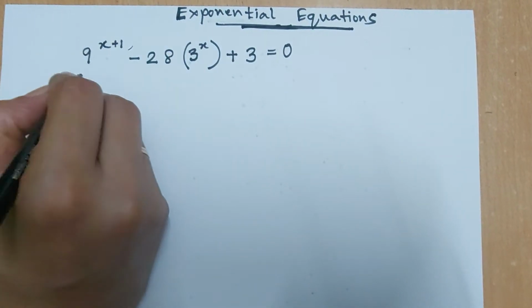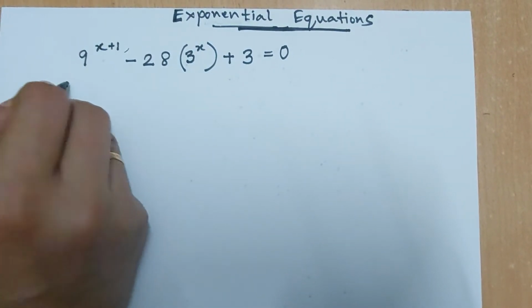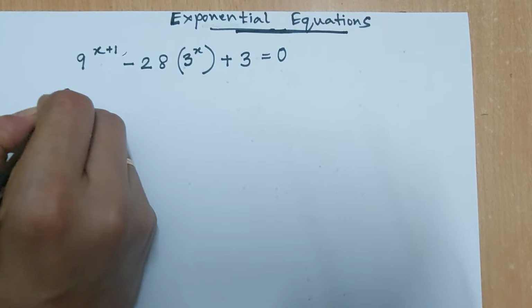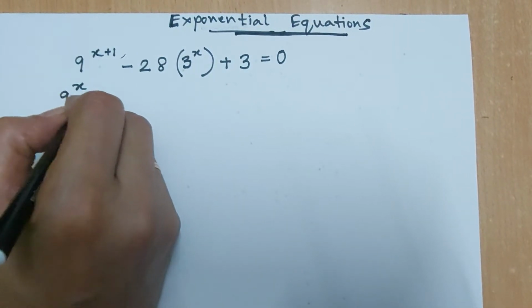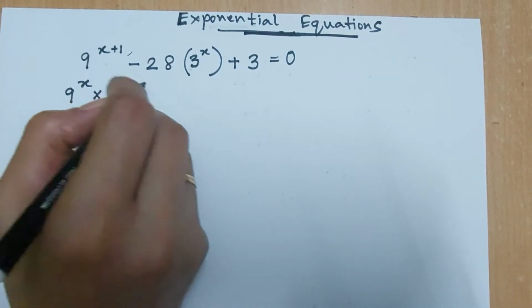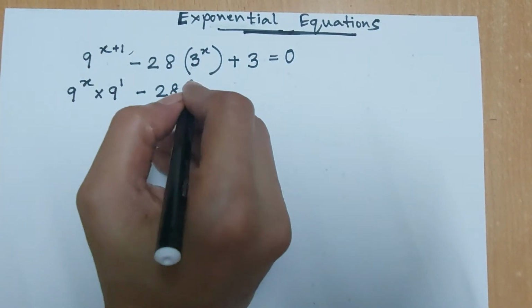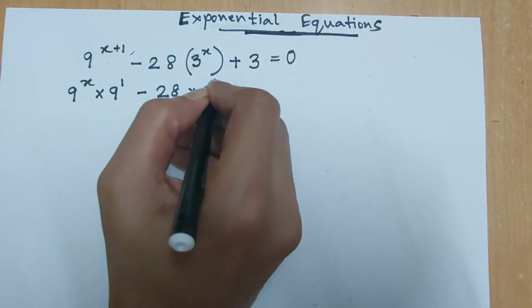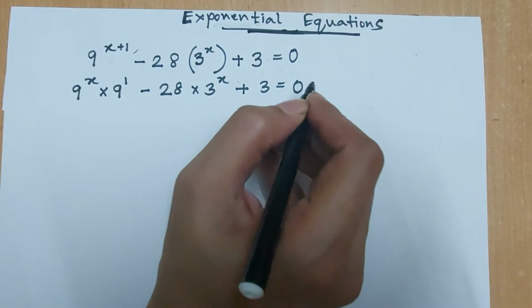Now the powers were added together, that's why I just separated the base. 9 power x into 9 power 1 minus 28 into 3 power x plus 3 equal to 0.